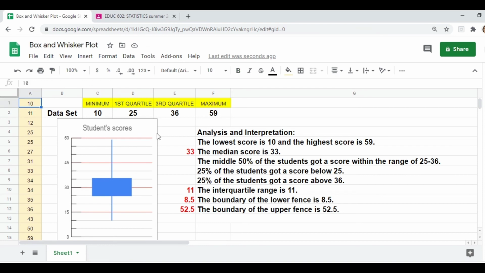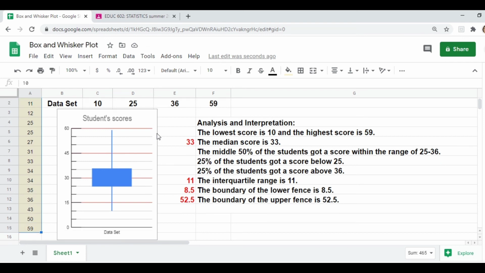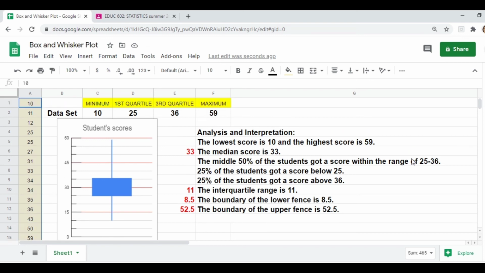So from this data set, can we see an outlier? Can we say that 10 is an outlier? No. Why? Because it falls between 8.5 and 52.5. How about 59? Is 59 an outlier?